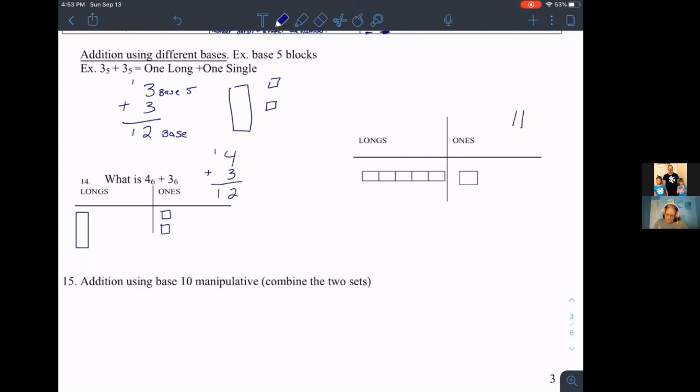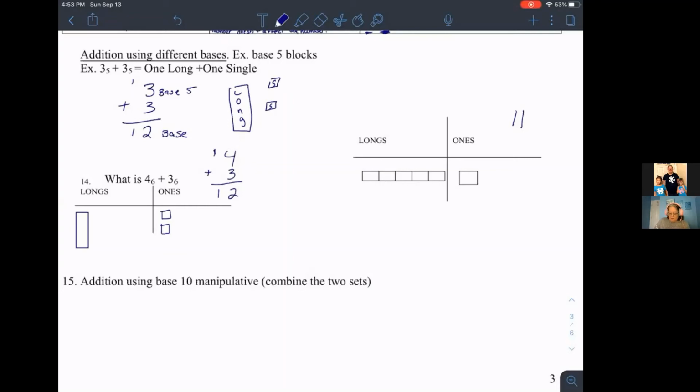So what she means is, this is a long one. These are singles. So number 14, it says 4 base 6 plus 3 base 6. Same concept. You do 4 plus 3. It only goes up to 5, so you'd have to start carrying over.